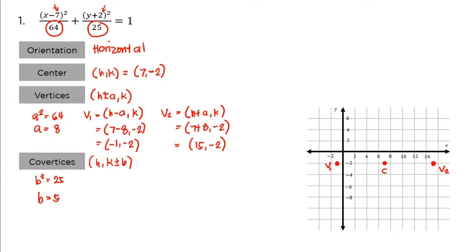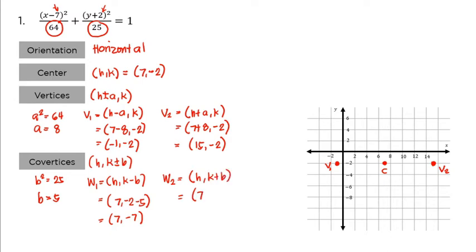our first covertex denoted by W1 will be (h, k minus b). Okay, so from that we have (7, negative 2 minus 5), which is (7, negative 7). Okay, next for W2 naman, we have (h, k plus b), and that is (7, negative 2 plus 5).